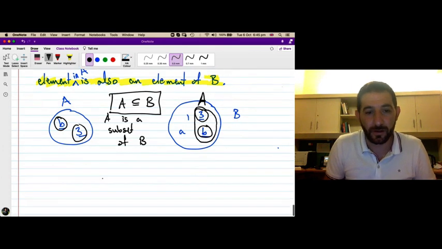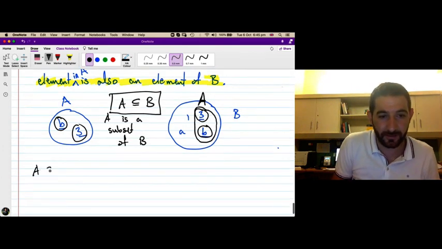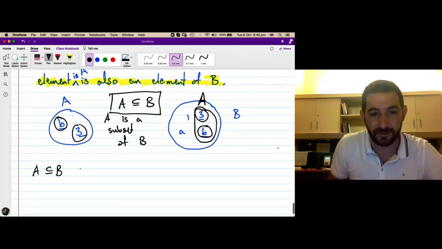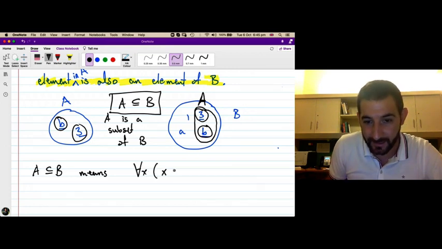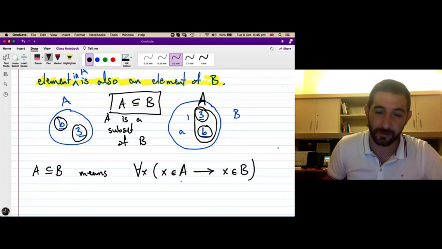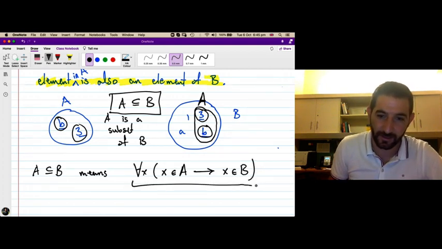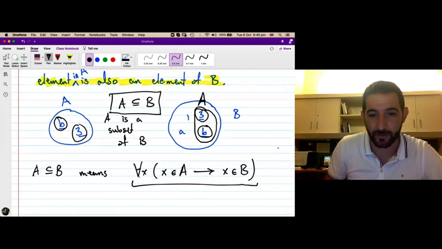Okay, so how do we write A is a subset of B in predicate logic? We say for every object X, if X is an element in A, then it is an element in B. Okay, what does this say? This is a universal quantifier.